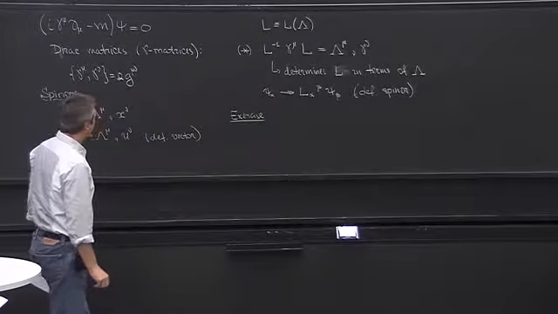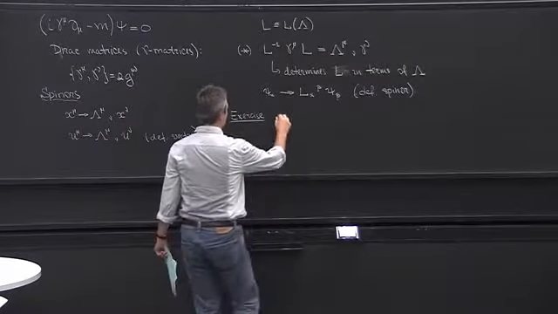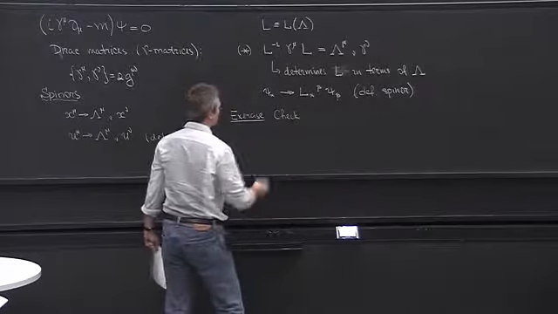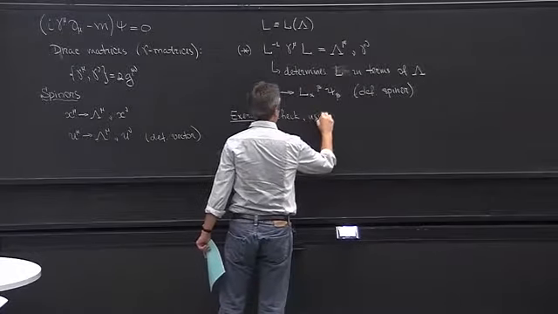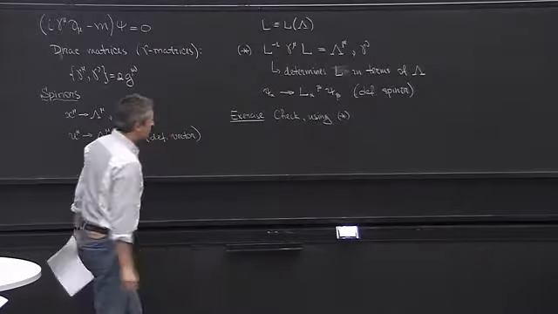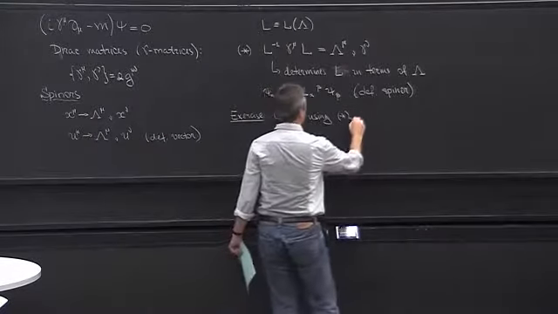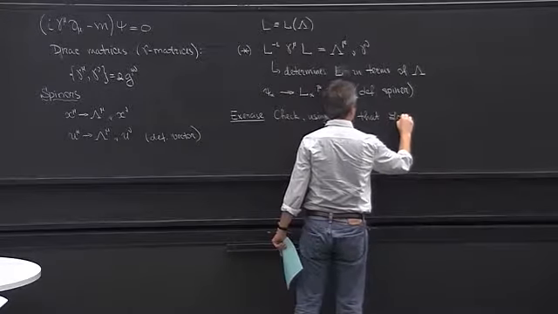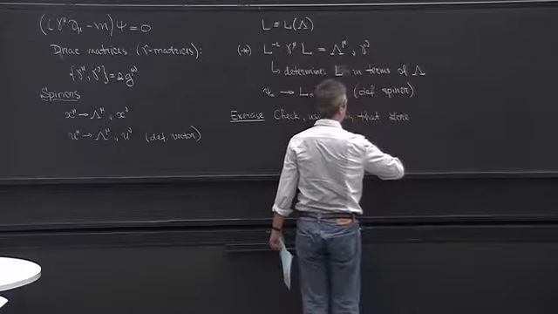Namely, you may want to check, using the defining property of lambda, that Lorentz transformations leave the Dirac equation invariant.